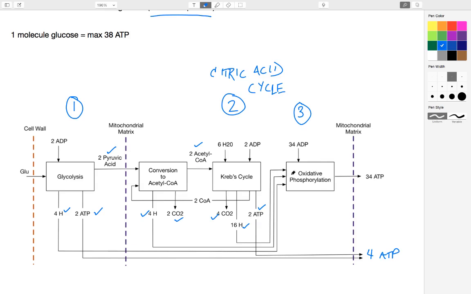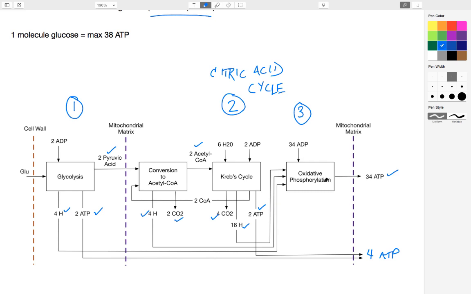And oxidative phosphorylation uses the hydrogen atoms produced in glycolysis here and here. It uses those atoms to essentially recharge all of the ADP molecules to ATPs. So from oxidative phosphorylation, I get by far the vast majority of my energy production.